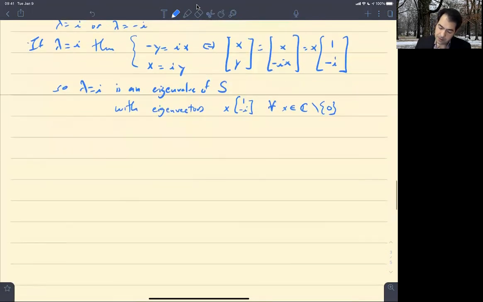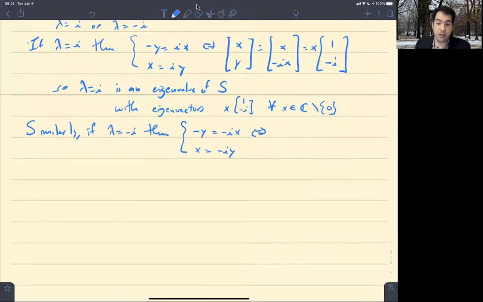And similarly, if we set lambda equal to minus i, then our system becomes minus y is equal to minus i x, and x equal to minus i y. And again, these are redundant. If the first one is true, the second one is true. So we can just keep the first one, and that tells us that we can replace y by i times x.